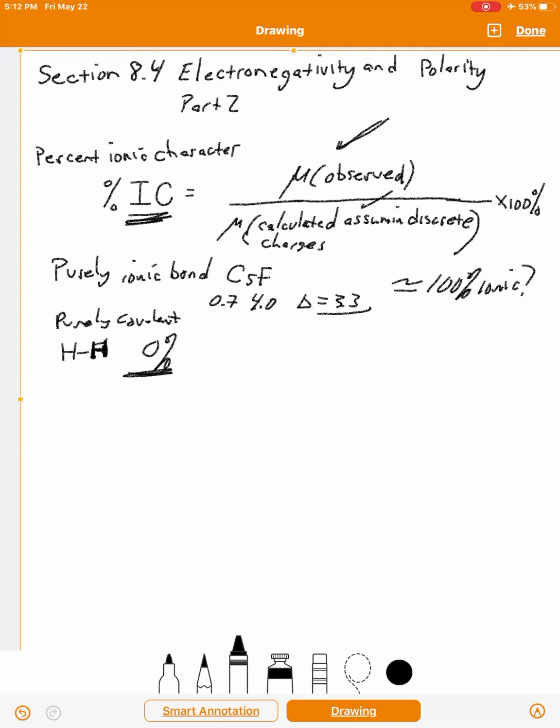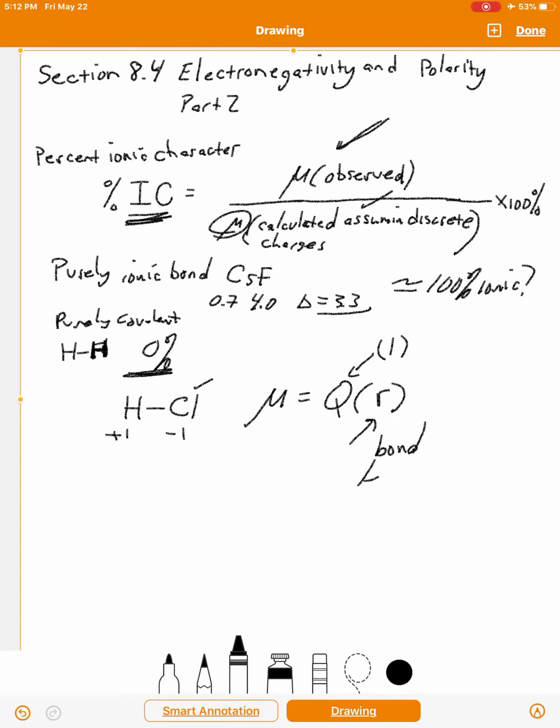So for example, if I did HCl, because this one's more electronegative, we would say the charge on this one is +1, the charge on this one is -1, and so we're going to use that in calculating our dipole moment, where we're going to use it like this. Dipole moment calculated equals Q, so now you just put in a charge of 1, plus or minus, doesn't really matter, times the distance. And the distance you would use is the bond length.